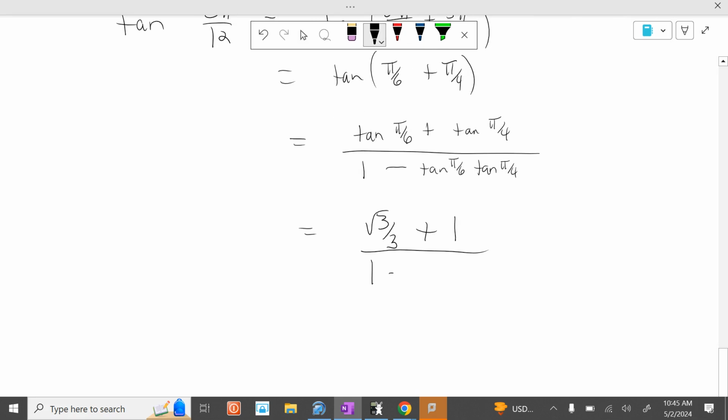Then you go 1 minus the tangent of pi over 6, again, is square root of 3 over 3. Tangent of pi over 4 is 1. So it's a square root of 3 over 3 plus 1 over 1 minus the square root of 3 over 3.